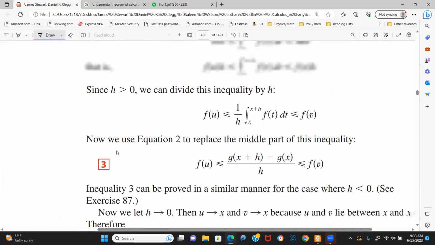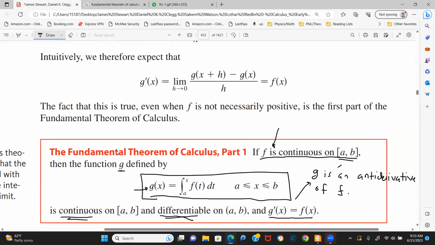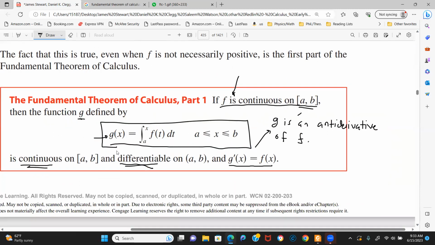So let's go back to the first part to prove this. As I said, this states that any continuous function has an antiderivative, and another way of phrasing this part right here is as follows.